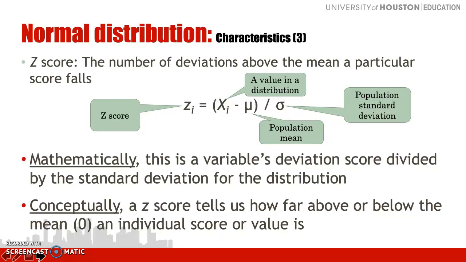So mathematically, the z-score is the variable's deviation score, remember that difference, we call the fancy name deviation score, divided by the standard deviation for the distribution. Conceptually, a z-score just tells us how far above or below the mean of 0 an individual score or value is.